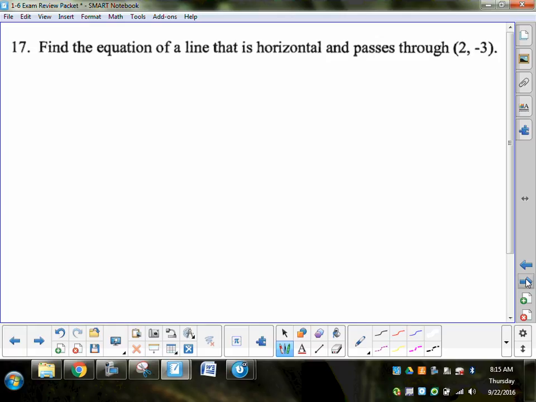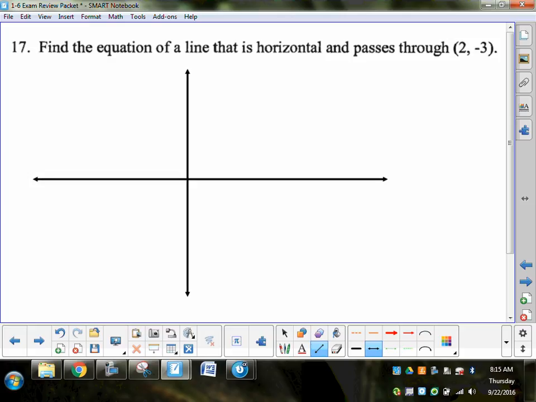Here's another one. Find the equation of a line that's horizontal to this. I'll tell you right now, for these questions, I always graph it out. I know it goes through the point 2, negative 3, so I'm going to go over 2, down 3, put a dot there. It needs to be horizontal. So which direction do horizontal lines go? Hands up, please, if you can tell me. Side to side.